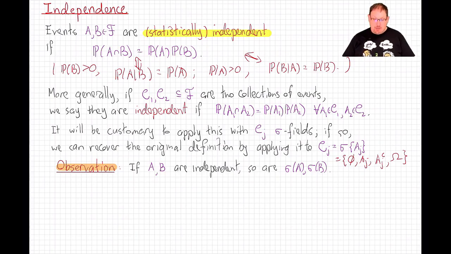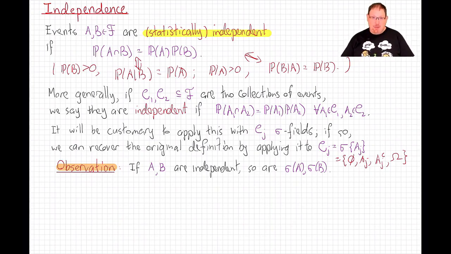The observation from that is that if A and B are independent in this sense, then they're also independent in the sense that their sigma fields are independent. And why is that? Well, we just need to check that all four elements on both sides for A and B satisfy the independence criterion. So let's just check that.